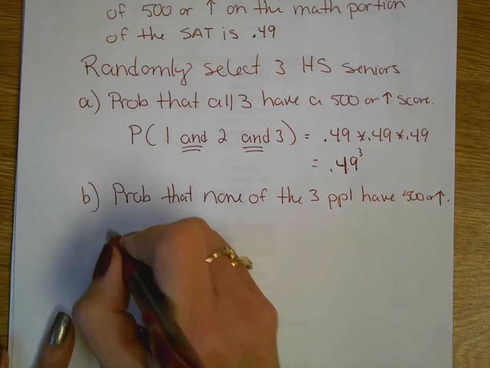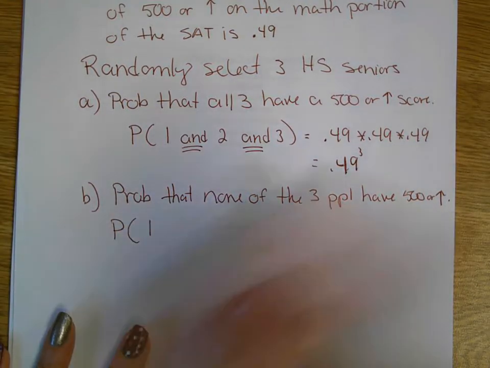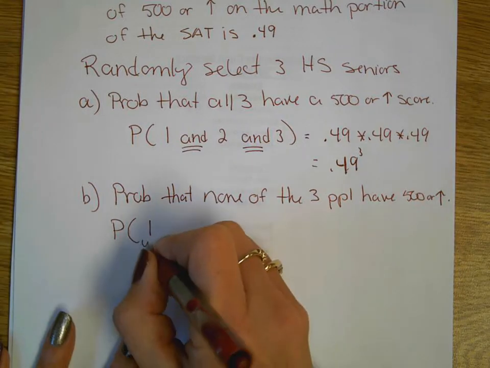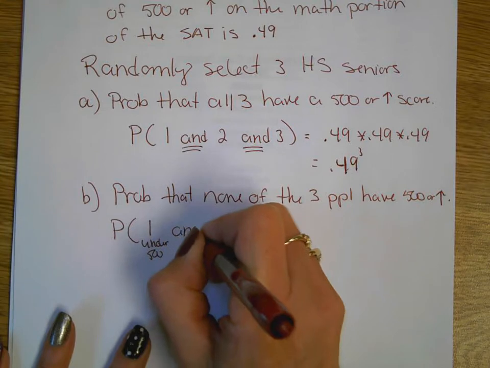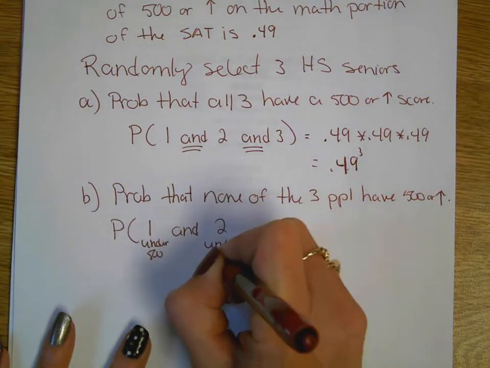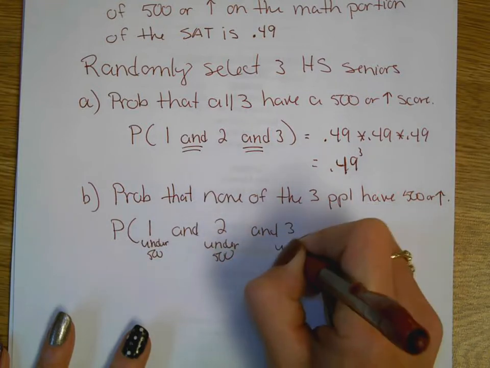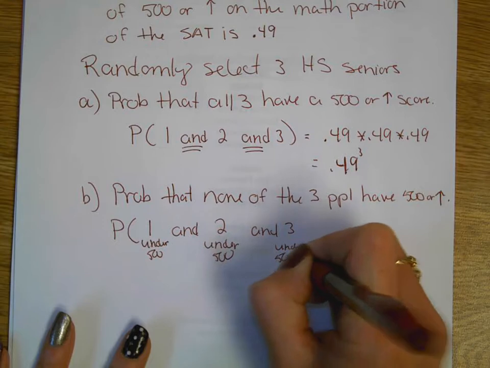So, again, I'm looking for the probability that the first person is under 500 and the second person is under 500 and the third person is under 500.